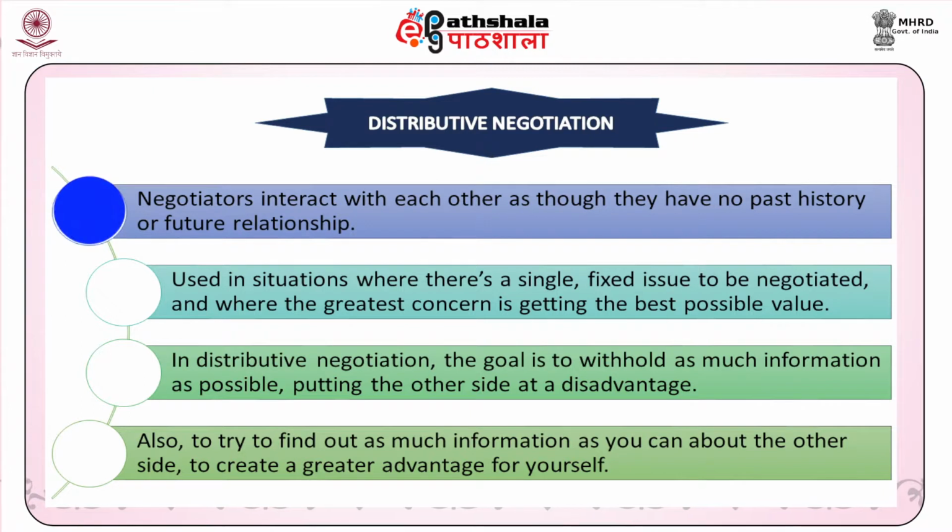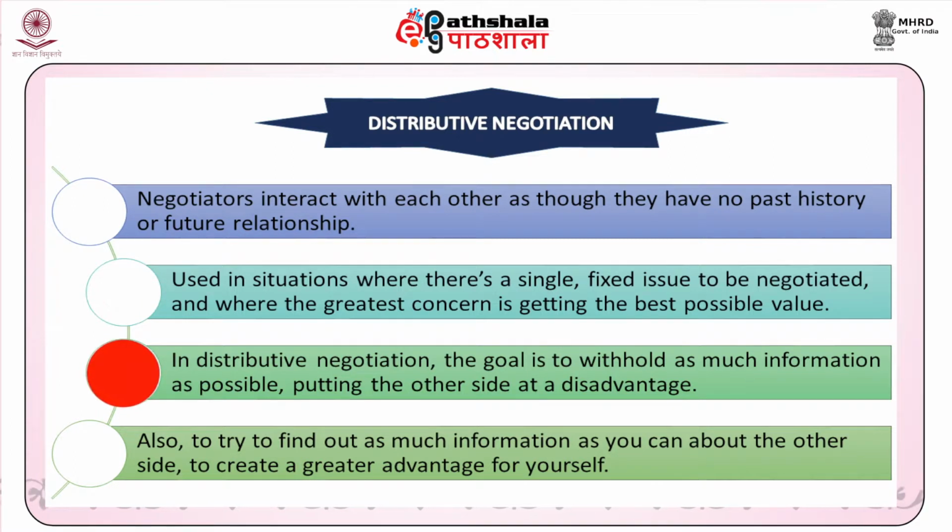Negotiators interact with each other as though they have no past history or future relationship. Distributive negotiation is often used in situations where there is a single fixed issue to be negotiated and where the greatest concern is getting the best possible value.